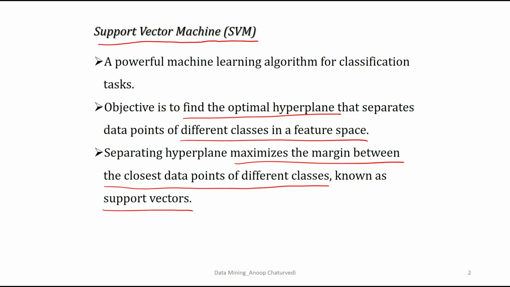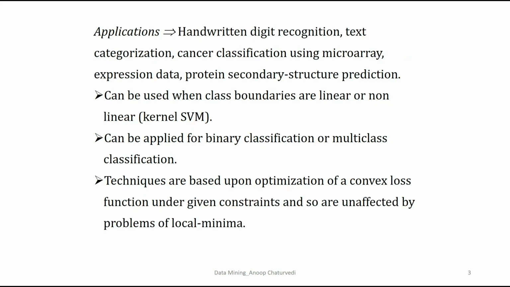Suppose we assume that the classification boundaries are linear, then we try to find the optimal hyperplane for separating the two classes, and we obtain the optimal hyperplane by maximizing the margins between the support vectors.